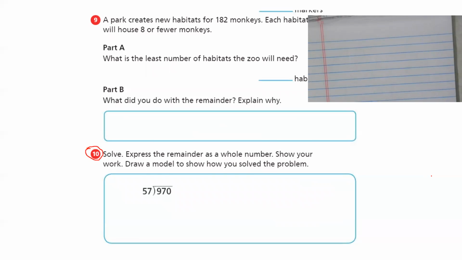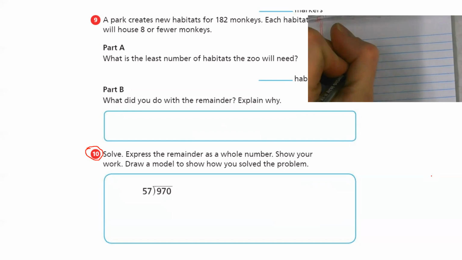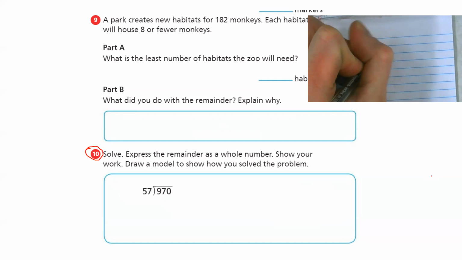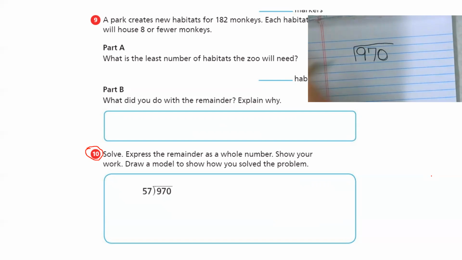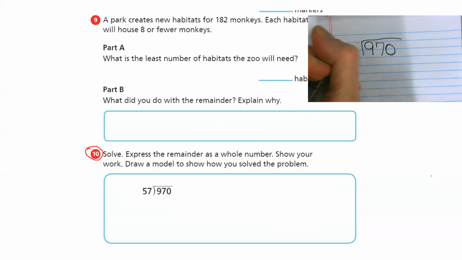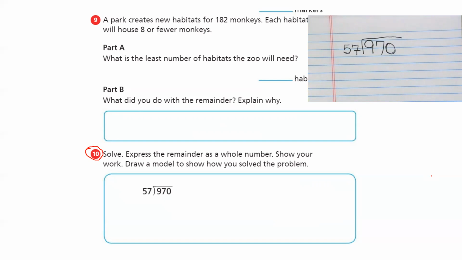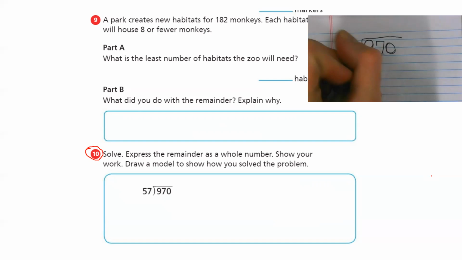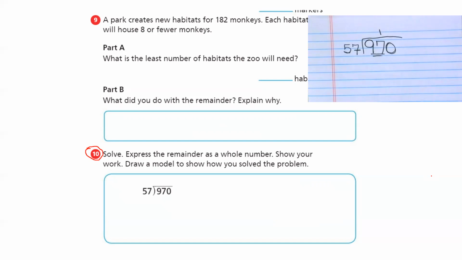Let's see what the answer is, shall we? How many 57s are in 97? 1.